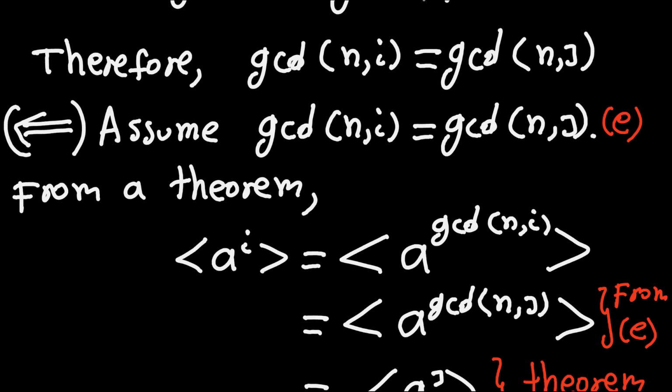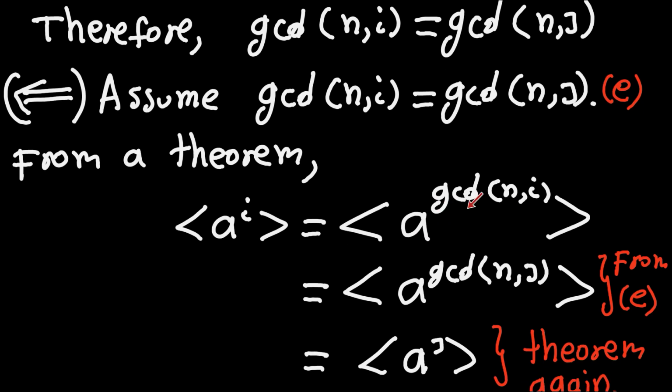Now, also from the theorem that we described in the last video, part 1, this is part 2: the subgroup generated by a to the i is exactly the same as the subgroup generated by a to the GCD of n and i, where n here is the order of this element. We stated that theorem in the last video lecture. But the GCD of n and i is equal to the GCD of n and j.